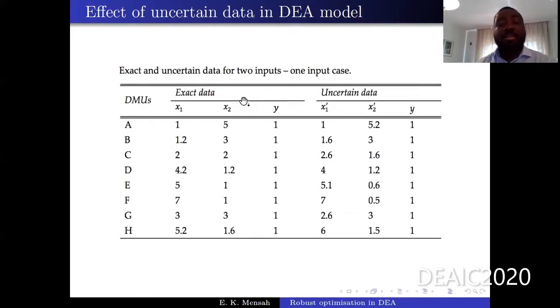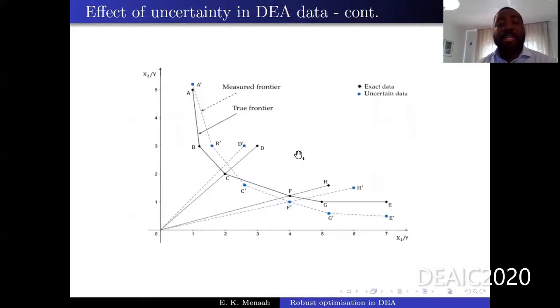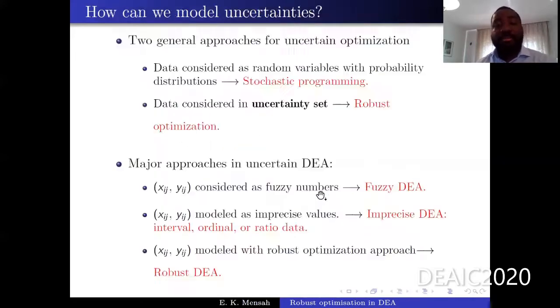Now, if you look at this two-input, one-output example here, where we have exact data on the left and uncertain data on the right, the measured frontier is deviated or dislocated from the true frontier, and we have uncertainty in the efficiency result given by this measured frontier.